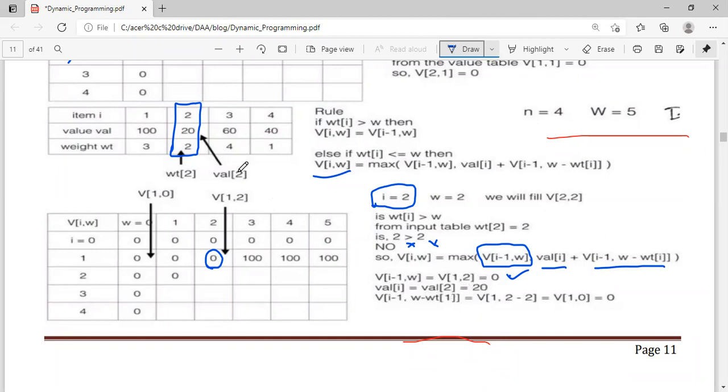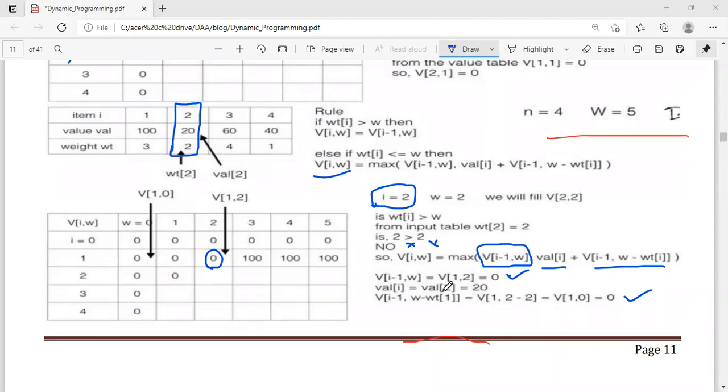How are we getting 20? It is the profit, the value of the second item, 20. Then W minus WT of 1 is V of 1 comma 2 minus 2, which is V of 1 comma 0. What is the value of 1 comma 0 in the table? It is 0.